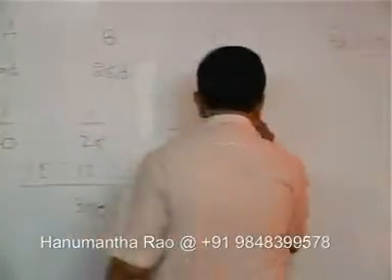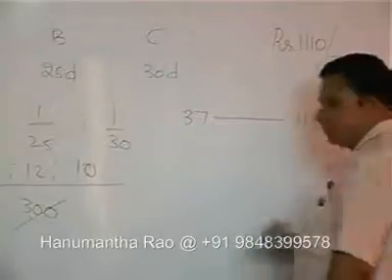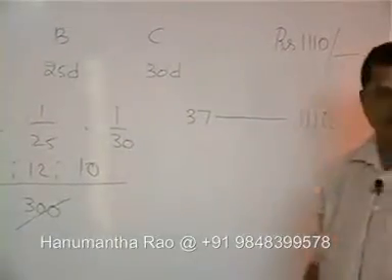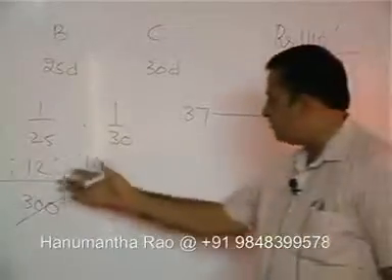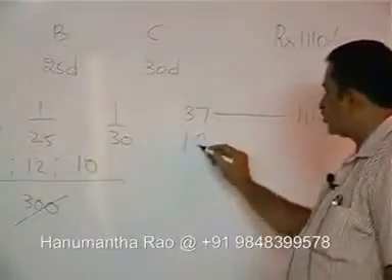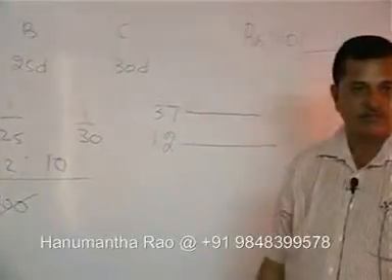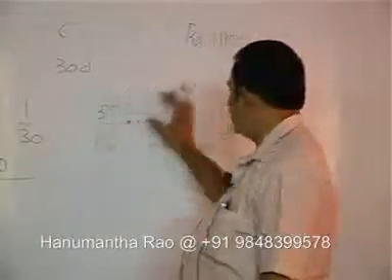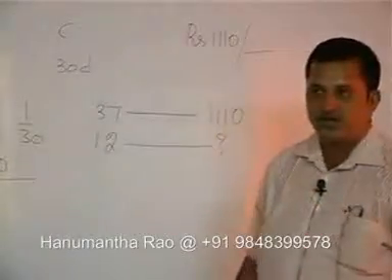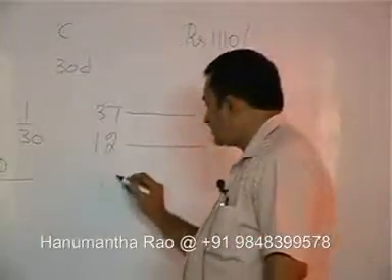Totally for 37 shares, the amount to be distributed is 1110. Then what is the share of B? 12 shares value is how much? 37 shares value is 1110, so 12 shares value will be less.